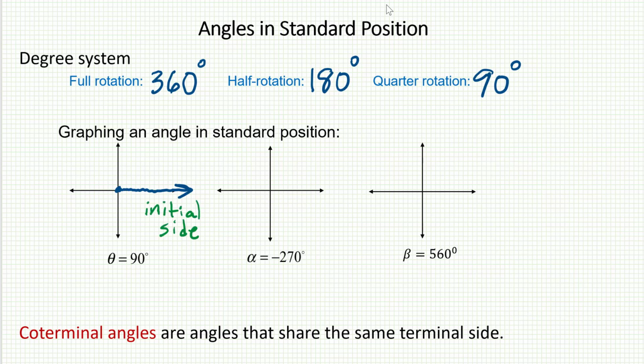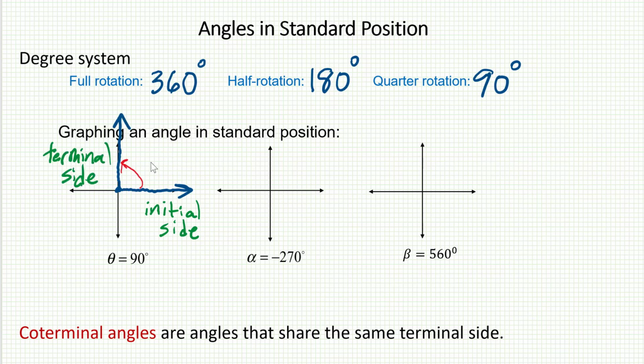Positive angles rotate counterclockwise, negative angles rotate clockwise. 90 is positive, so I need to make a quarter turn, a 90-degree rotation in a counterclockwise direction, and wherever I end up is where my terminal side lies.